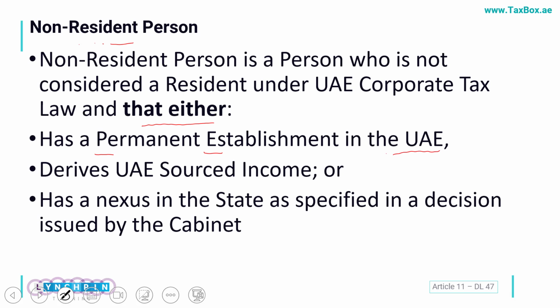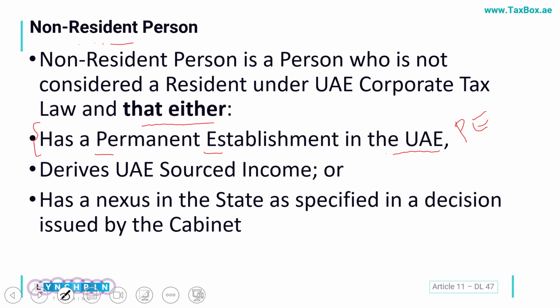In that case, the concept of PE, the permanent establishment, will be triggered. We have a separate section on it, and in that section I'll explain in detail how a PE can be triggered. But if a foreign company has a branch here, such a branch would be taxed on its UAE sourced income.